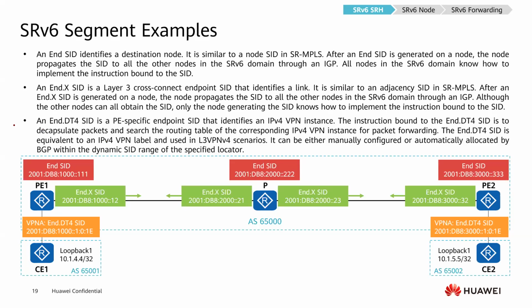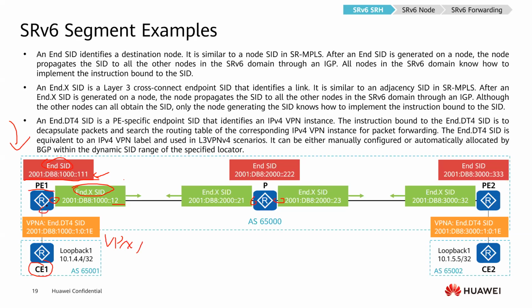So here is an example. For P1, I will use the End SID to indicate this is P1, and the NX will indicate this interface, like 12. And for the PE, maybe it belongs to a certain VPN, for example VPN1.